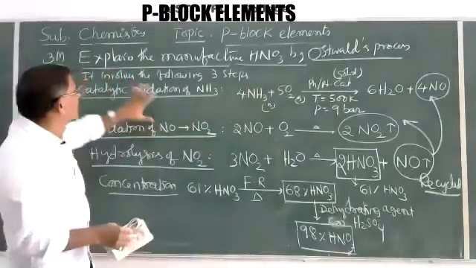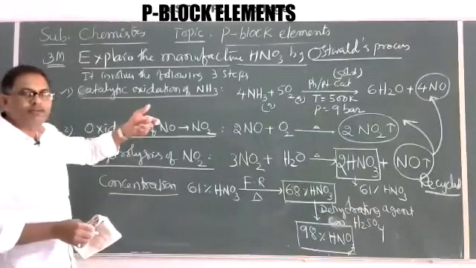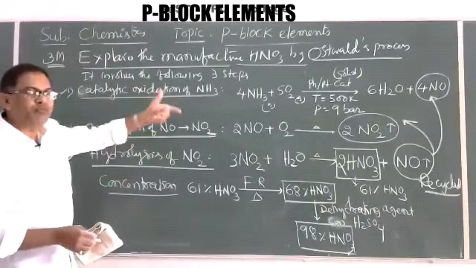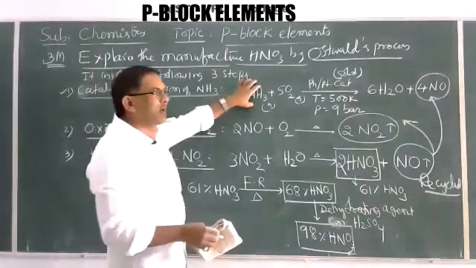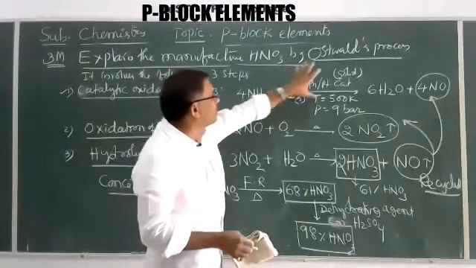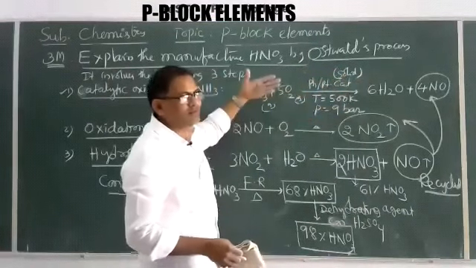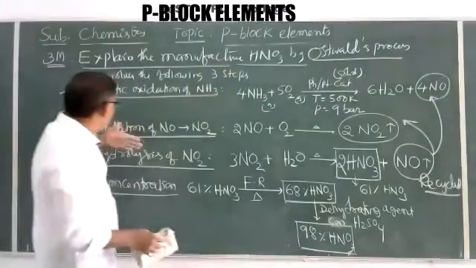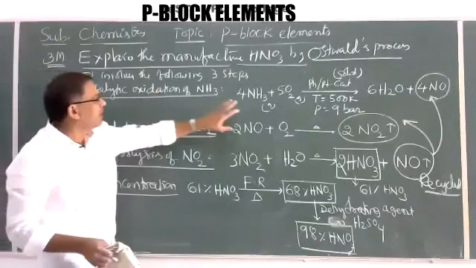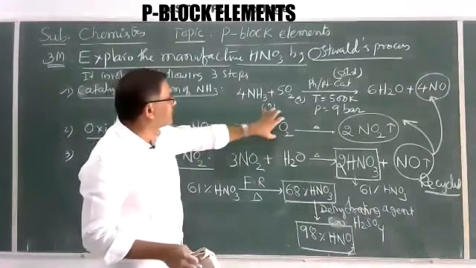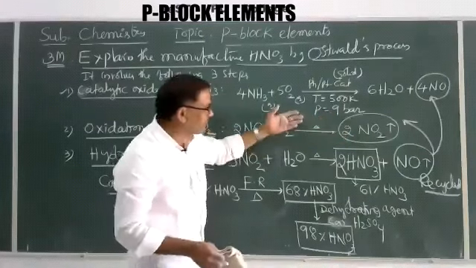Here these 3 important steps are compulsory. Is there any creativity for you? Better you create some statements and headings and write something. When ammonia gas is reacted with pure and dry oxygen gas in the presence of the catalyst, it gives the corresponding NO. Then write the reaction. The next step, the heading is oxidation of NO to NO2. This nitric oxide is reacted with pure and dry oxygen and gives nitrogen dioxide. Then write the reaction.